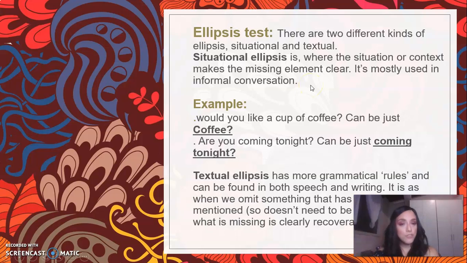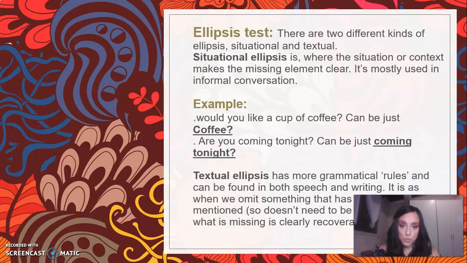They just say coffee. So if you are with a native speaker, sometimes they say coffee, we understand that he is asking us if we want some coffee. Or are you coming tonight? Can be just coming tonight, or sometimes they don't say, is she coming? Sometimes they just say, she coming? So this is more informal.